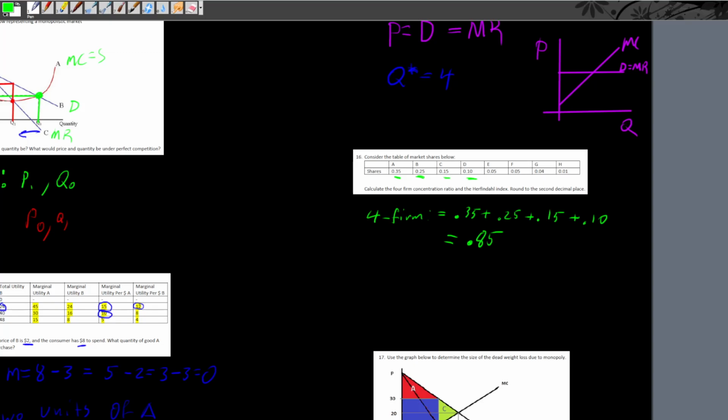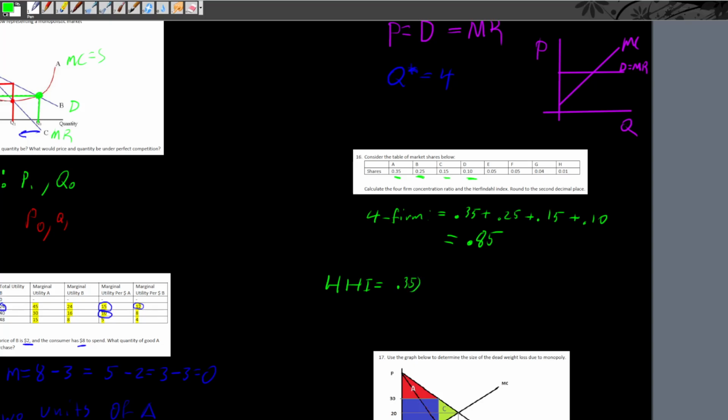The Herfindahl index is a little more involved. For the Herfindahl index, often abbreviated HHI, we just square each share and sum it up.